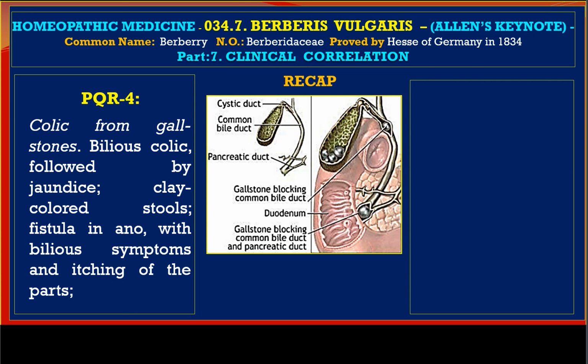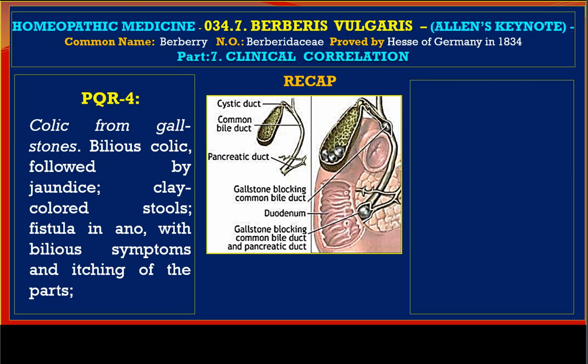The common bile duct ultimately travels downwards and unites with the pancreatic duct to open into the ampulla of Vater in the duodenum. If we have gallstones, you can see in the diagram these smaller gallstones travel down the common bile duct.